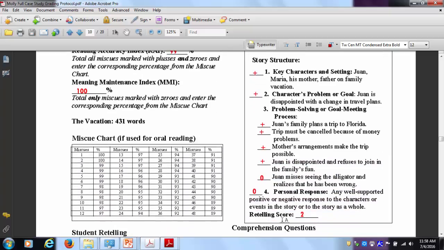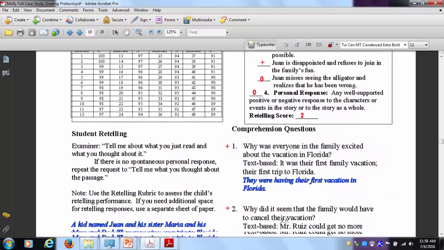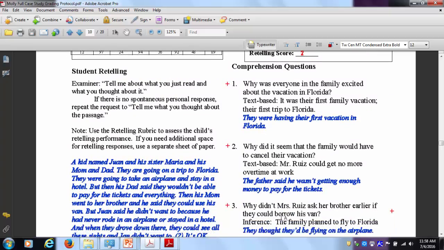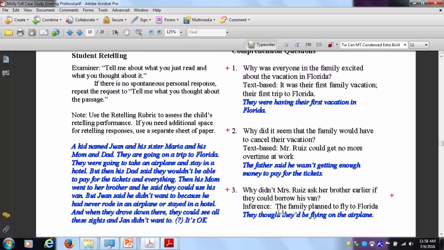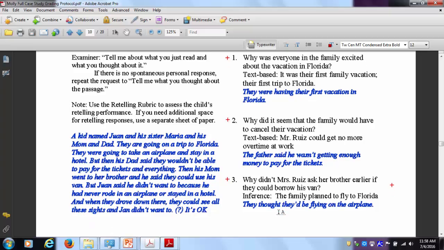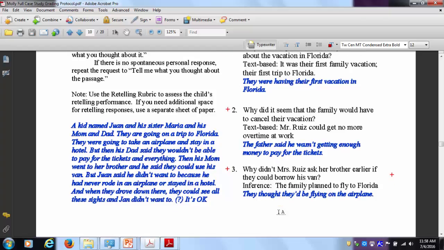All right, when it gets to retelling here, what we have is a relatively pretty good retelling. What's totally missing, though, is there's no reference to the alligator, right? There's even no reference that he's wrong, and he knows he's wrong.